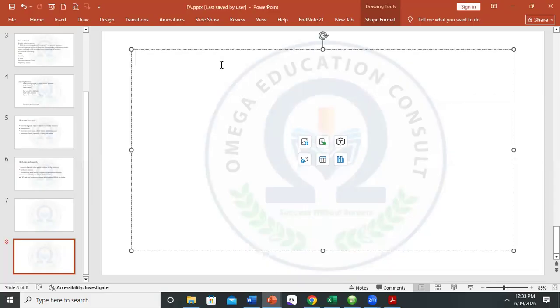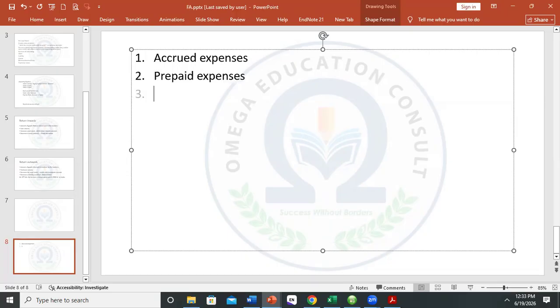The first one is accrued expense. And all that I want you to tell me is how you adjust them in the profit and loss and balance sheet. So let me list them. We have also seen the prepaid expense. We have seen the income accrued or accrued income. Then we have seen prepaid income.